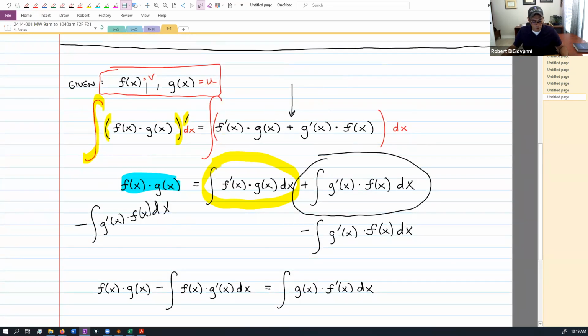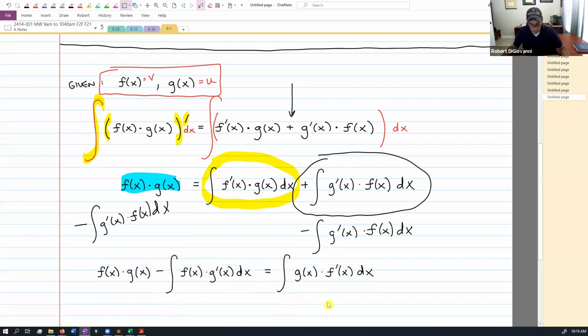Then let's try and rewrite this formula. What is the f function? Well, I'm running out of room here, so let me try this. The f function is v, right? The g function is u. Do you agree? Minus the integral. What's the f function?